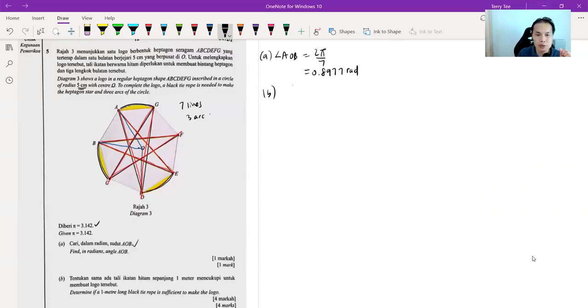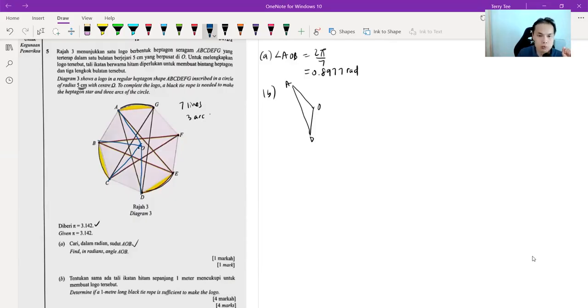Let's look at AOD. So it looks like this. Now, you notice this consists of 3 of AOB. Maybe I rub this off, too many lines. This is AOB, this is BOC, and this is COD. It consists of 3 of this angle.